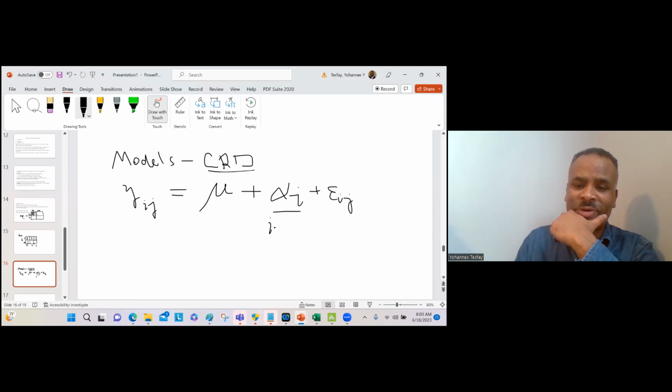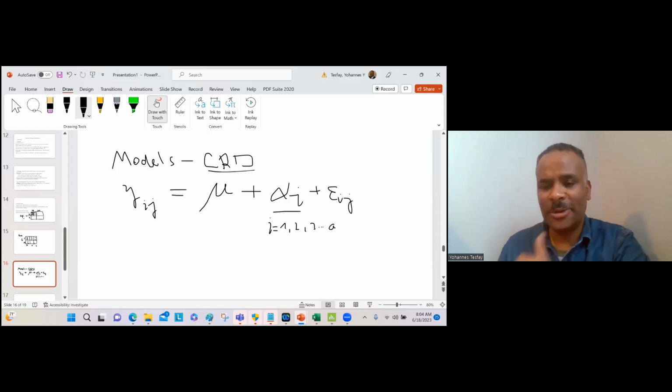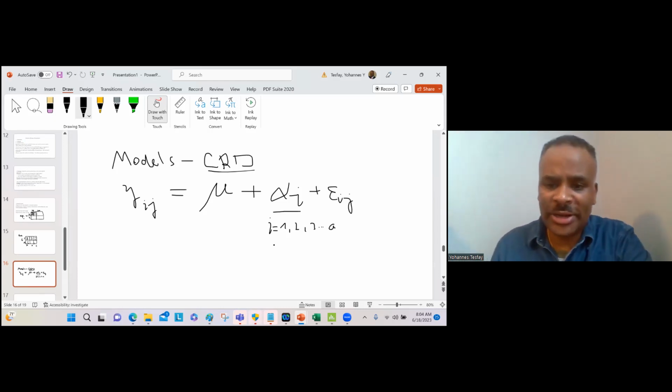I running from 1, 2, 3 up to A. So right here, the levels of the factor are A levels.